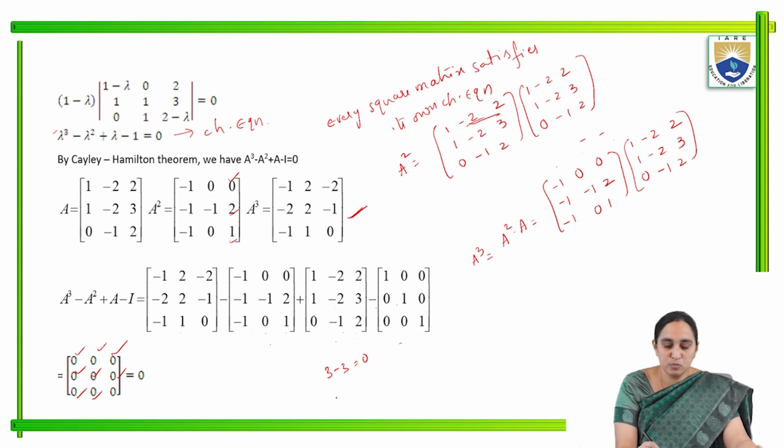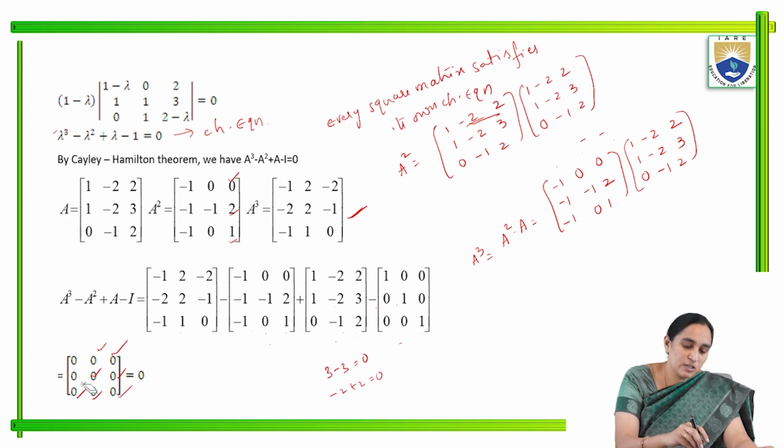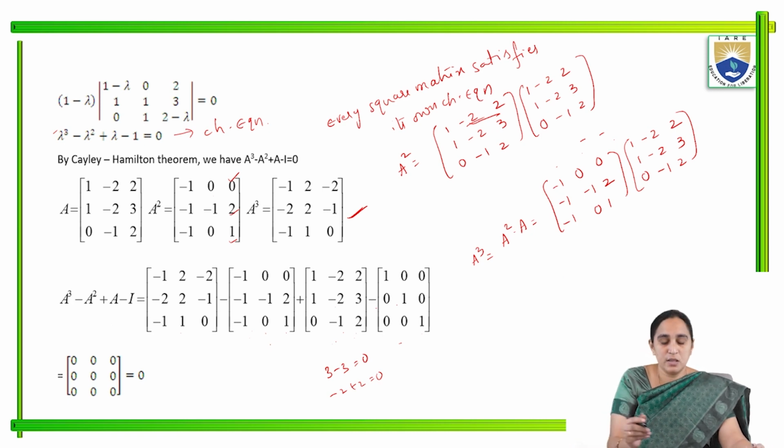That means minus 2 plus 2 is 0. Therefore, after adding all values in all the matrices, we get this equal to 0. That means if you get the completely zero matrix, the given matrix satisfies its own characteristic equation. Therefore, the given matrix satisfies the Cayley-Hamilton theorem. Okay, that's the concept for the first.